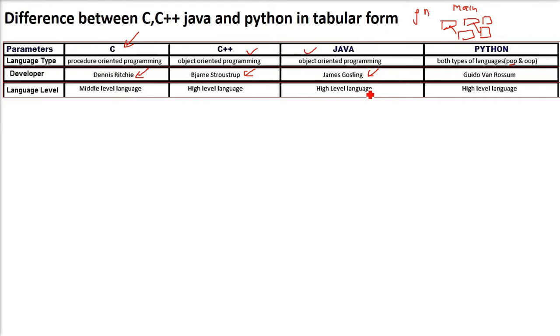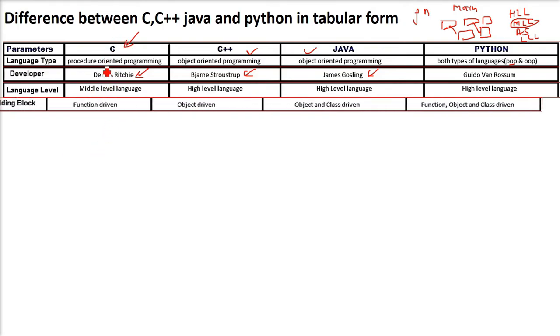C++, Java and Python are high level languages. High level language is more like the English language, like what you want to type. Then we have middle level language, then the assembly language, then the actual machine language. So C is somewhat a middle level language. Others are higher level languages, that is English-like languages. That is why you are able to write so easily.